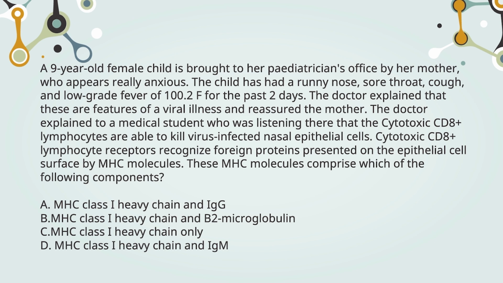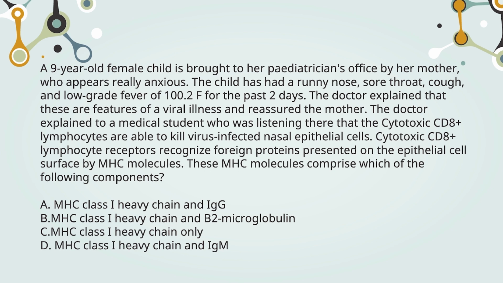Our ultimate goal is to get the answer 8, right? In this question, the CD8 positive T cell will interact with MHC1, right? So this has to be MHC1. Now, is that knowledge enough to get this answer correct? No, because all the options have MHC class 1, right? So now you need to know the structure of MHC class 1.